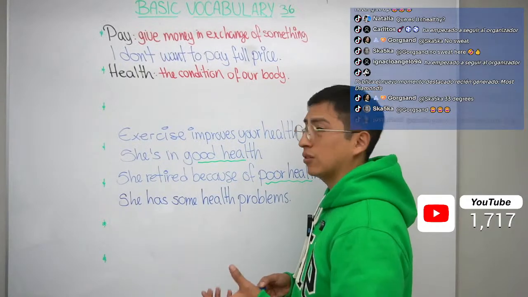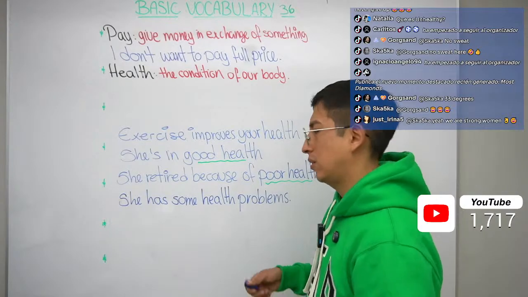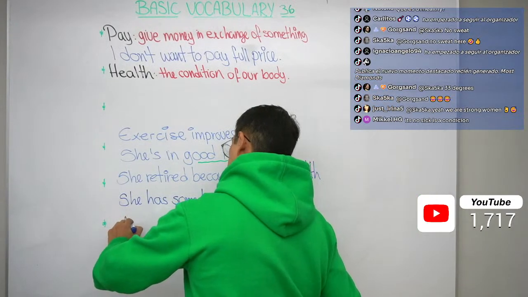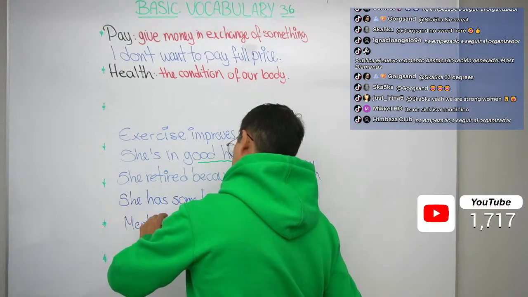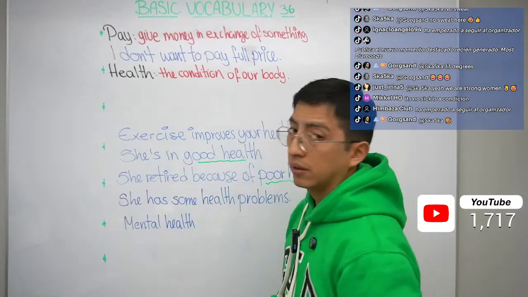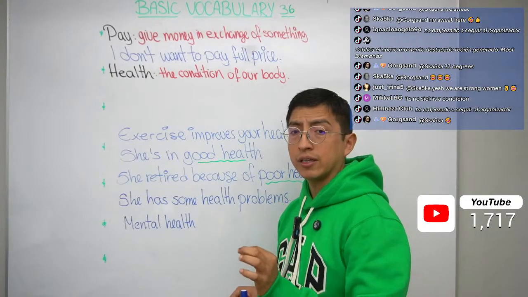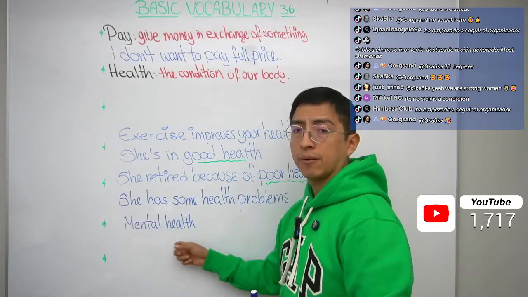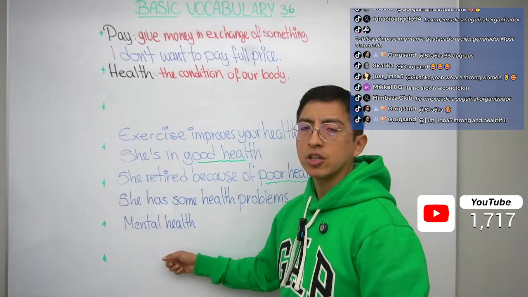Okay, what else can we say here? For example, we can use health for some categories, no? We can use this for mental health. We can talk about mental health. Yes, mental health is very important, guys. It's not sick, it's a condition.